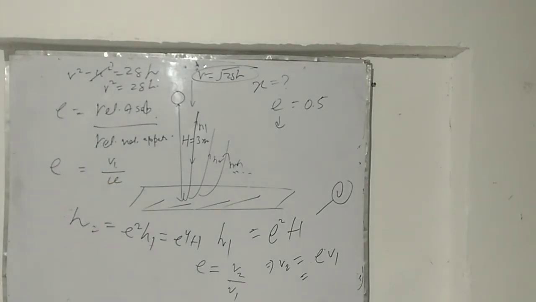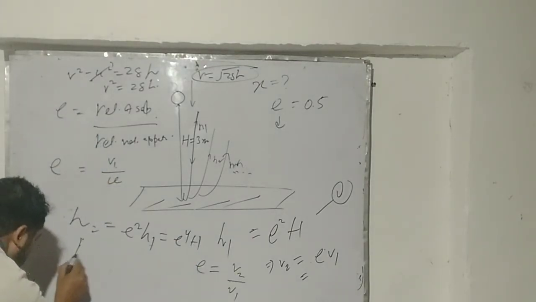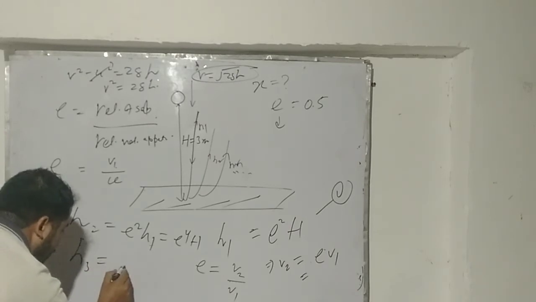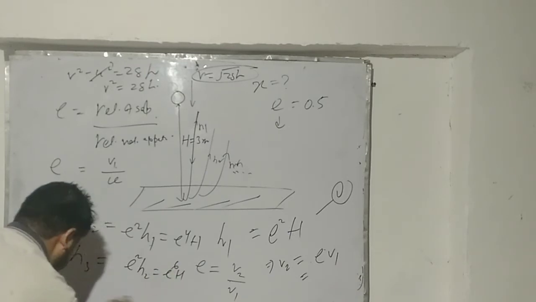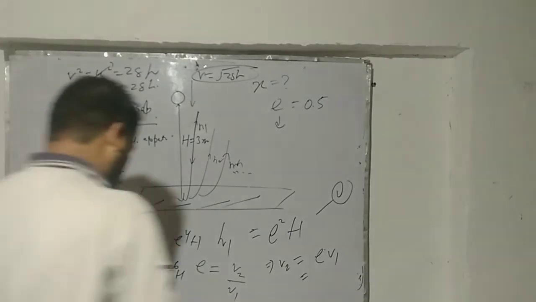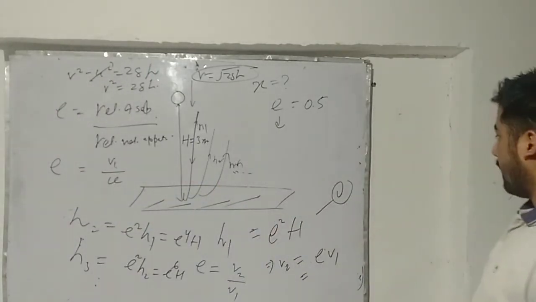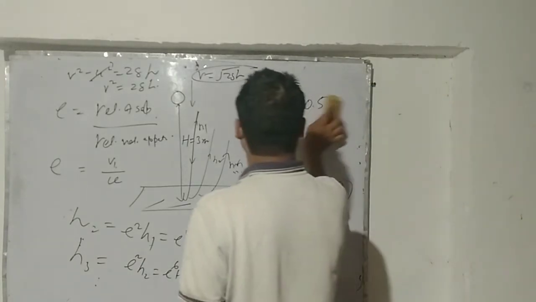And accordingly my h3 will be e square h2, that will be e to the 6th h, and so on, okay. So what pattern will I get here?